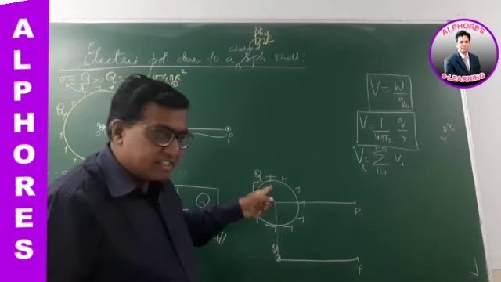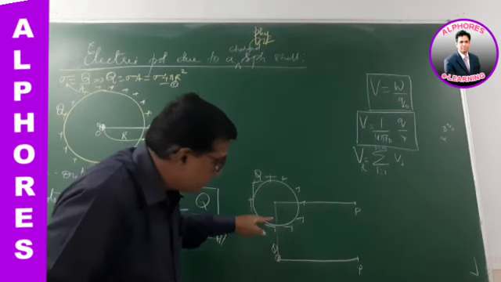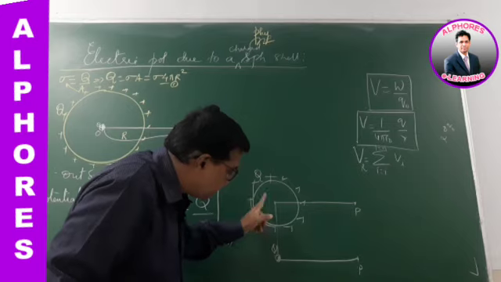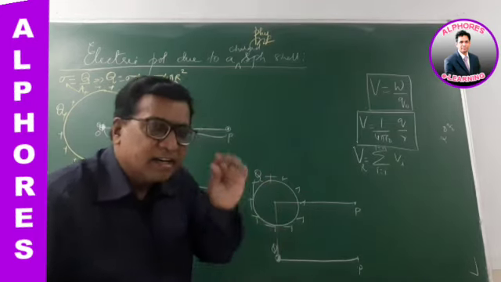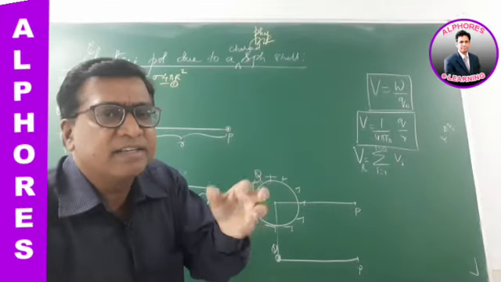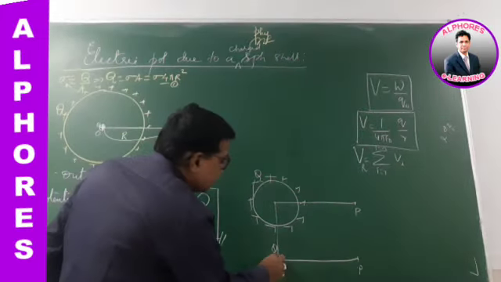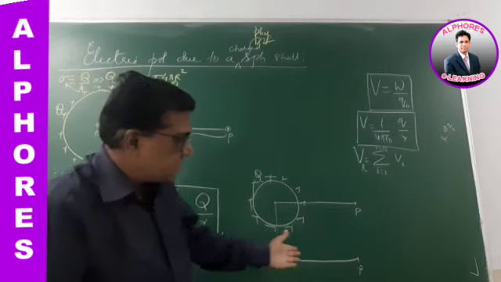The charged spherical shell behaves as if all the charge on the surface is concentrated at the center. So I can consider this as a point charge Q at a distance r.